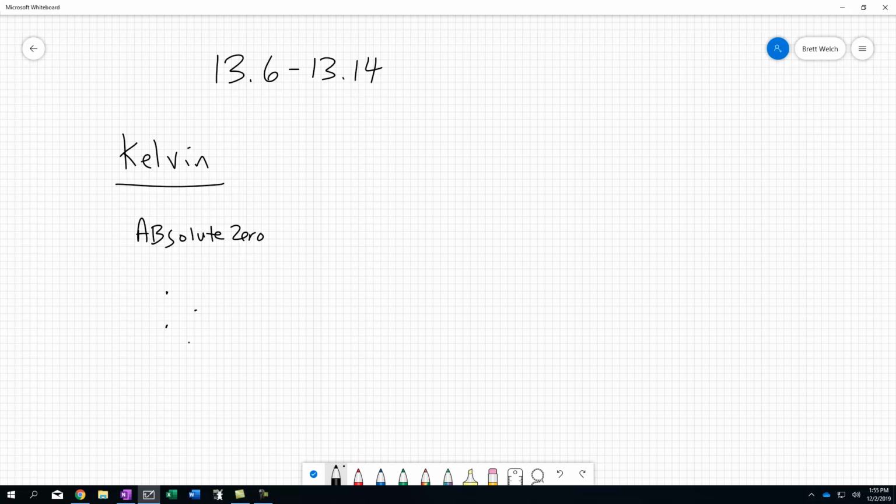But for what we're going to work with today, we're just going to talk about heading towards it, or how we convert to it in terms of working with the ideal gas law. Absolute 0, or 0 Kelvin, is equal to negative 273.15 degrees Celsius.